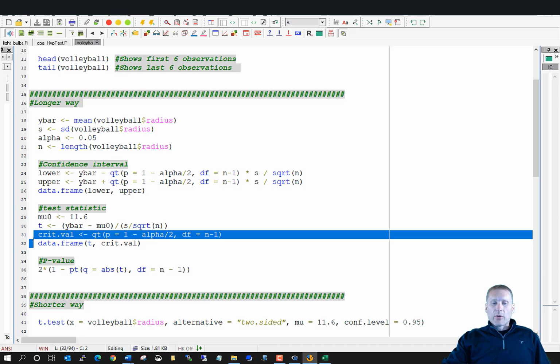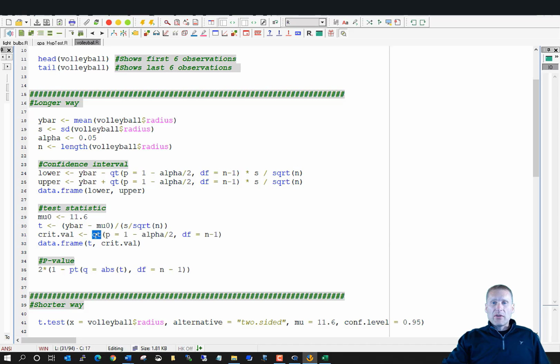I can find my critical value using the qt function from R as we've done before. Again, remember how the qt function works. We state for the p argument an area to the left of that quantile that I want. In this case, it would be 1 minus alpha divided by 2. State my degrees of freedom, which is n minus 1. And then put everything nicely in a data frame.